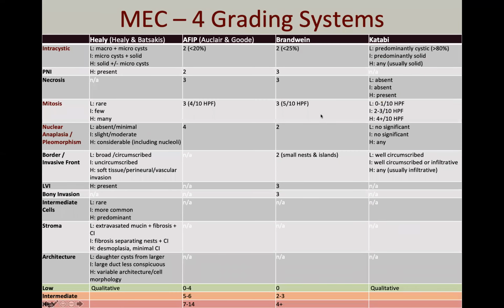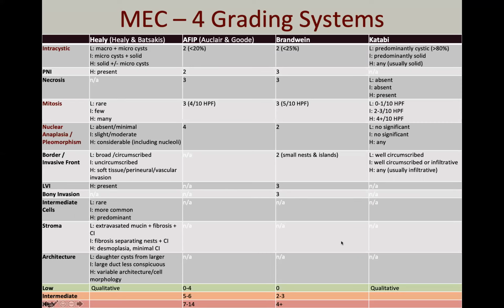The 4 grading systems that have been published for MEC are the Healy, the AFIP, the Brandwein, and the Katabi. As you can see, 2 are qualitative and 2 are quantitative. They all take into account similar histologic features like the presence of cysts, perineural invasion, necrosis, mitoses, pleomorphism, et cetera. Not all features are present in all grading schemes.